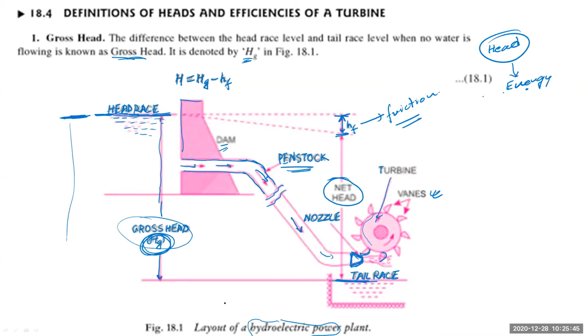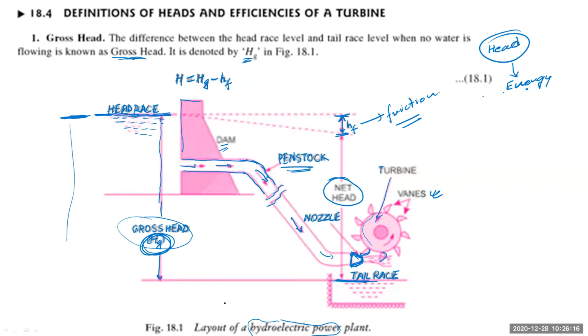We convert that energy in terms of level of water, as a standard procedure. Got my point? Sir, but it is energy per unit weight. I have listened. Energy per unit weight is called head. Yes, it is correct.